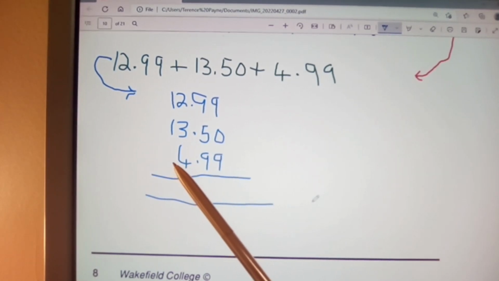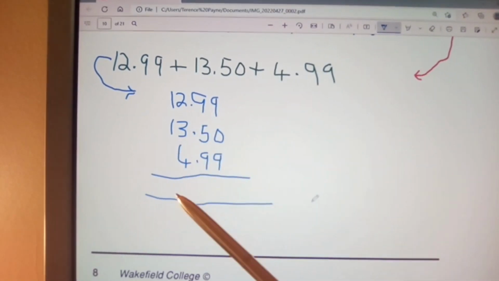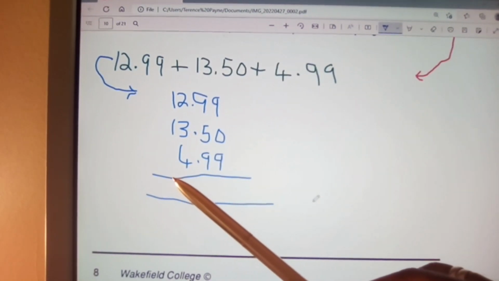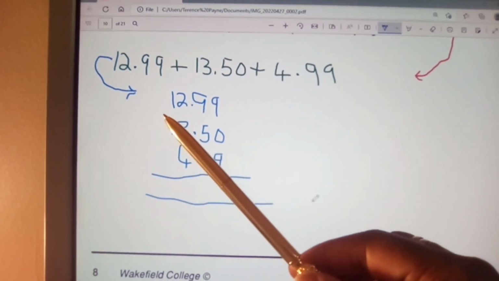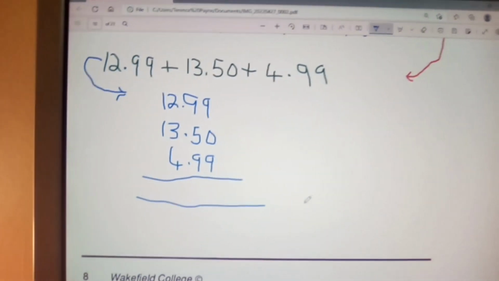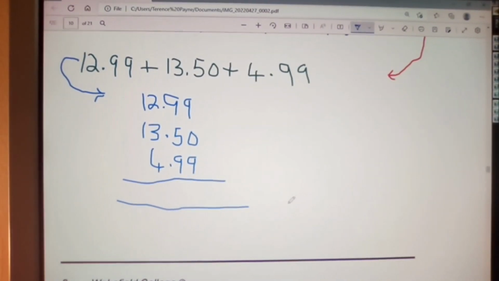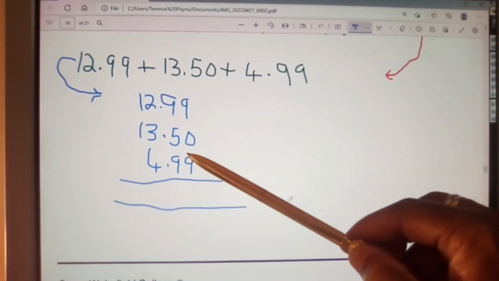You see that the 4 goes underneath the 3, underneath the 2. Go back to when you were doing units, tens and hundreds. Now what we need to do is add these up.